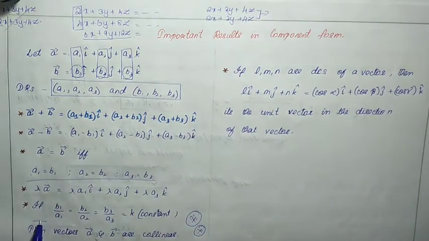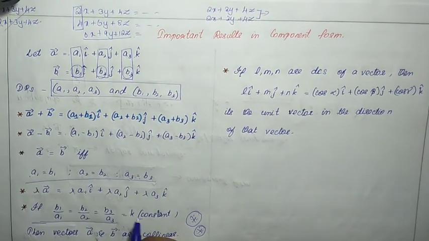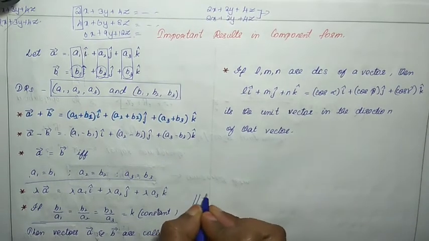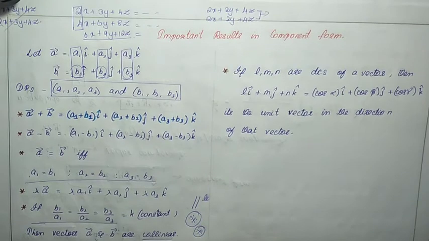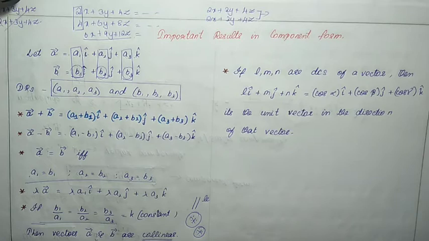If these three are in proportion or equal to any constant, then it is said that they are either parallel or collinear. So this is a very important formula, just keep this in mind.